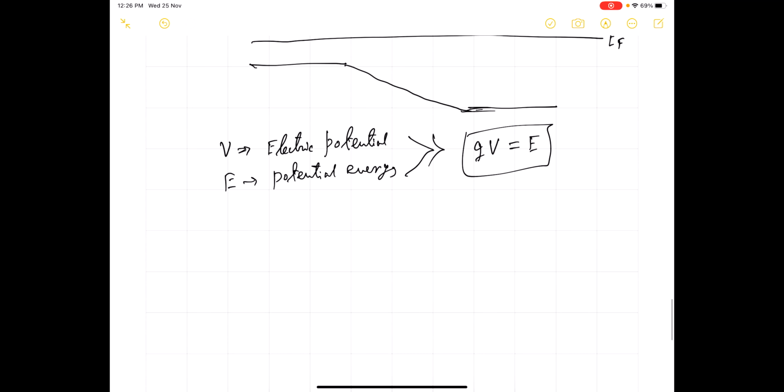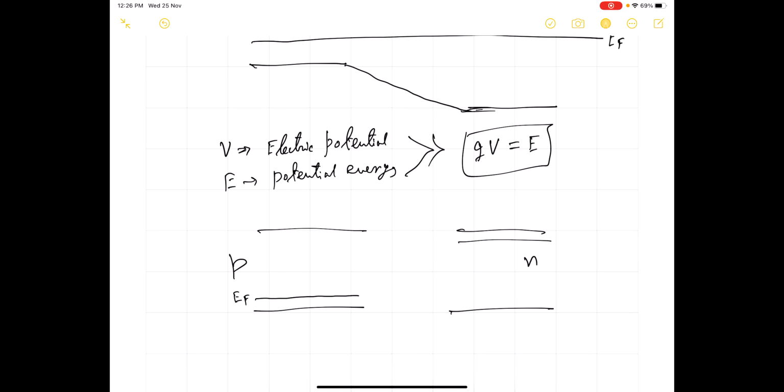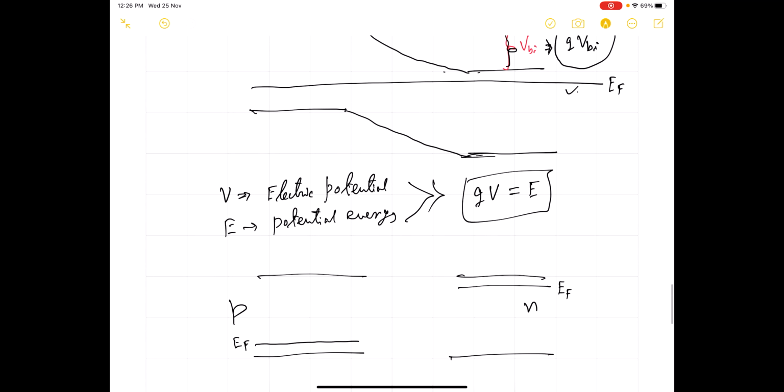Say we have taken one p-type extrinsic semiconductor and another n-type extrinsic semiconductor. Here it was the Fermi level earlier for the p-type, whereas it was here, EF, for the n-type. Now once you make the junction, it forms like this.